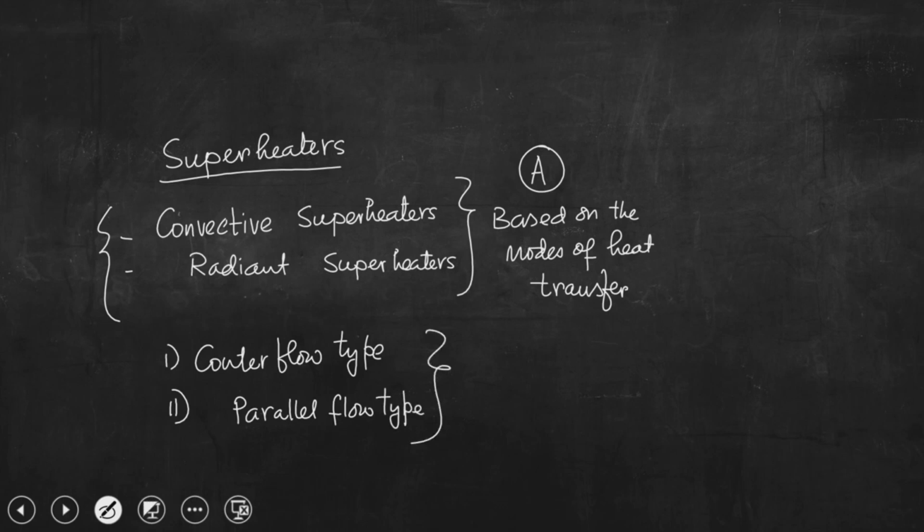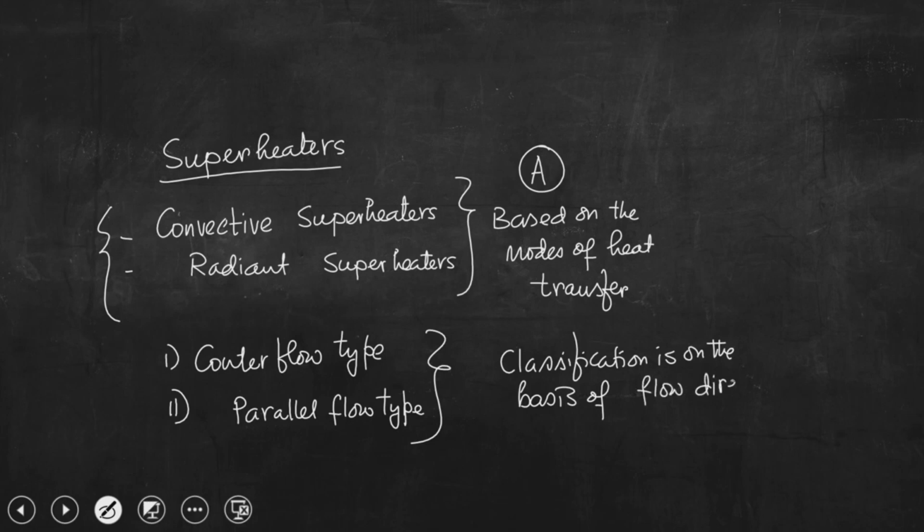This classification is on the basis of flow direction, whether the flue gas and the steam, these two streams, are flowing in the same direction or in opposite directions.